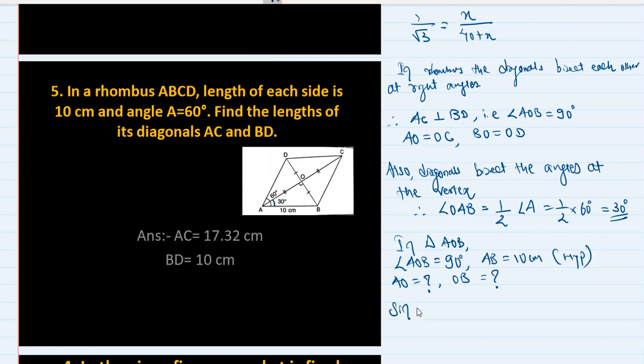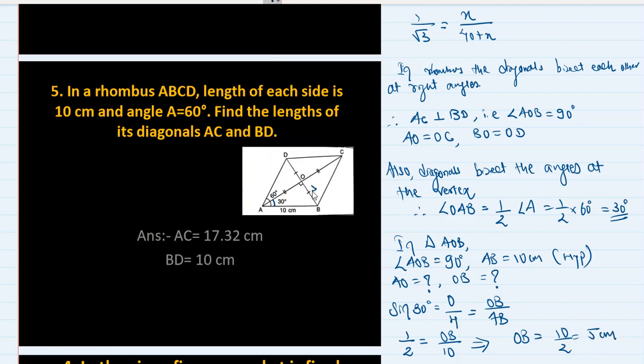So sine 30 degrees is equal to opposite upon hypotenuse. What is opposite of 30 degrees? OB. And what is the hypotenuse? AB. Sine 30 is 1 by 2. OB is not known. AB is 10. That means OB is equal to 10 by 2, which is 5 centimeters.